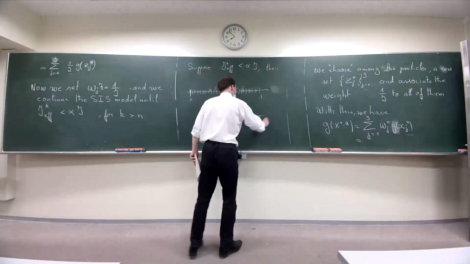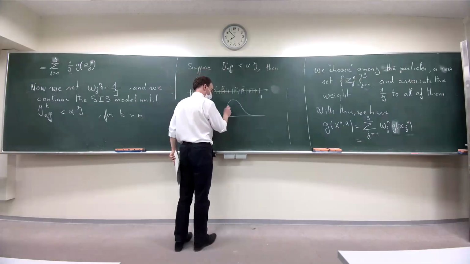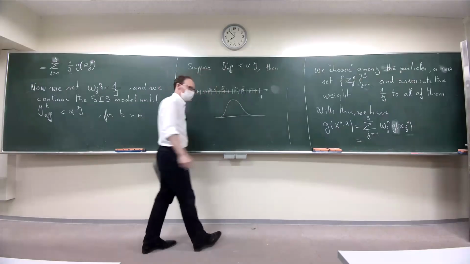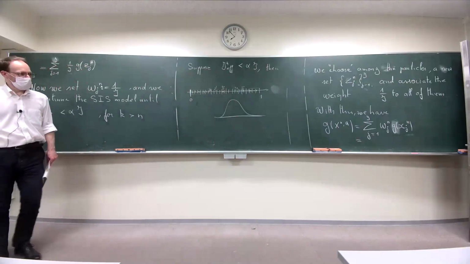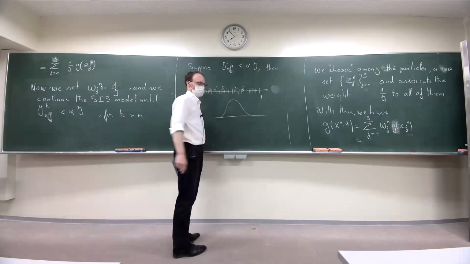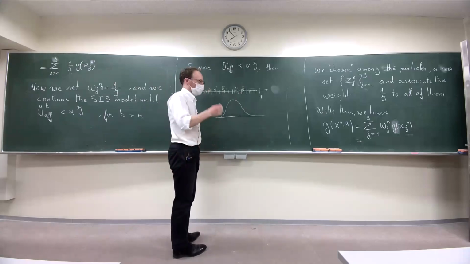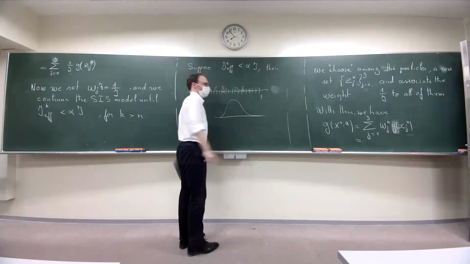When you have a distribution, if you take a sample according to this distribution and put the same weight 1 over j on each value, you get with your sample this distribution.